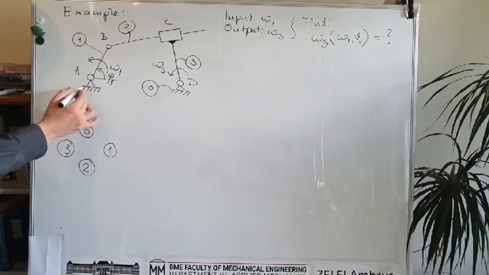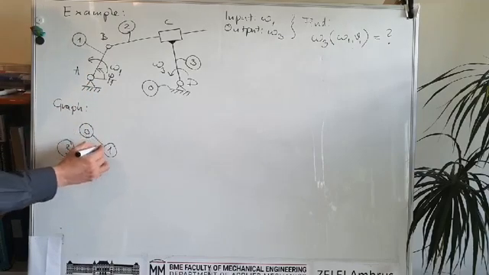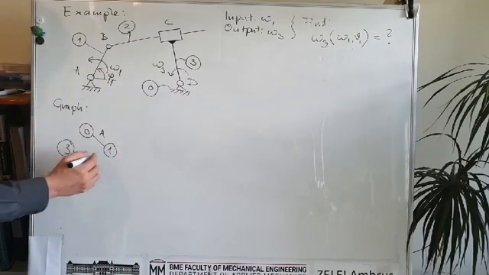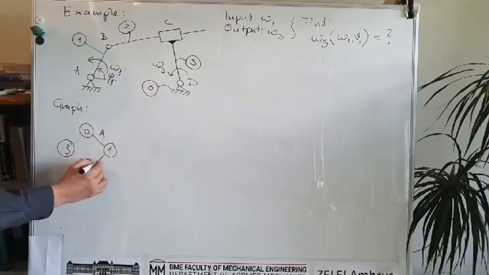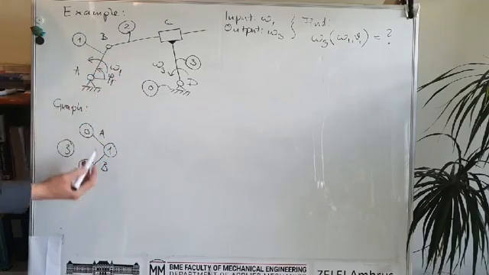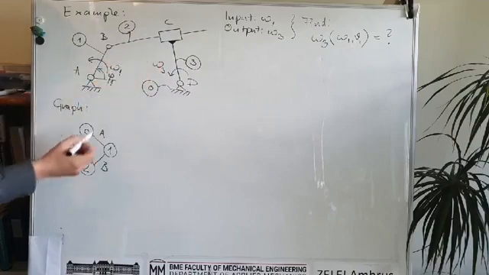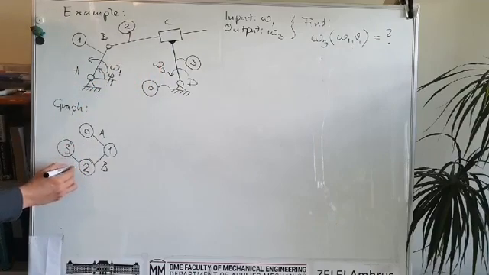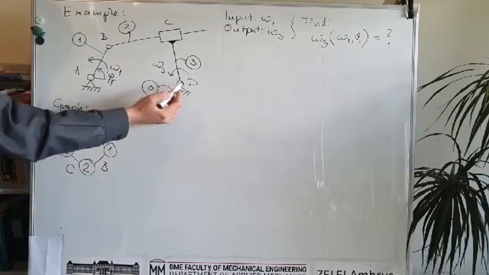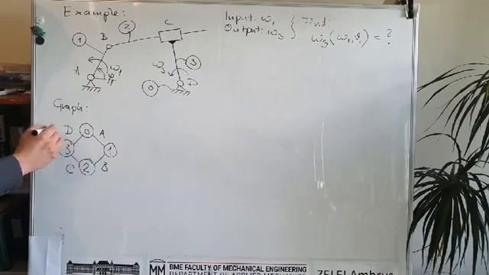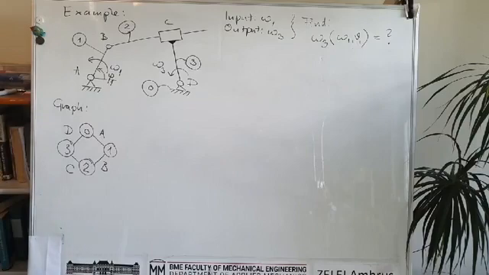Joint A connects the ground and the first moving body, joint B connects the first and the second, joint C connects the third and the second, and joint D connects the ground with rigid body number 3. Okay, so this is the graph of the system.